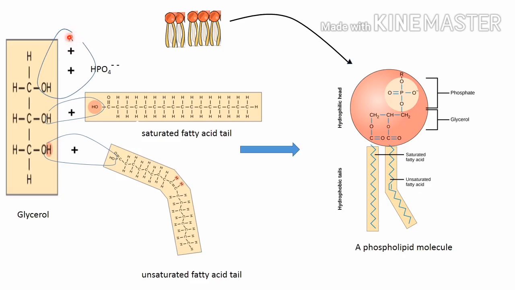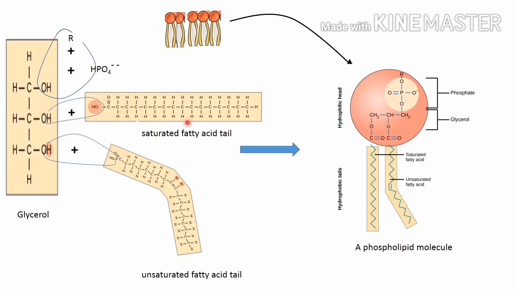And this R group with phosphate shows negativity, or polar nature, and two fatty acid chains are attached to the glycerol molecule.